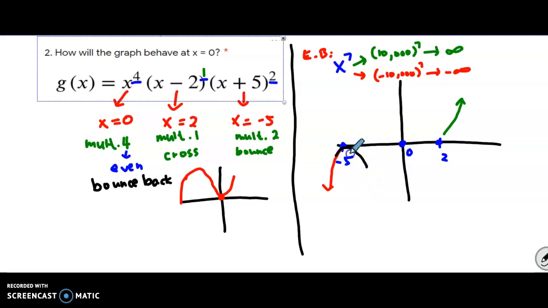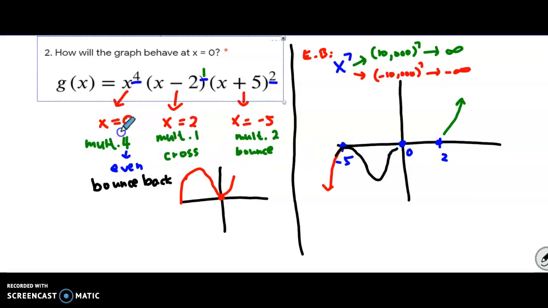Now, this could go very low, I don't know. But think about what has to eventually happen. Our next intercept is at 0, so eventually it has to come back up. So I'm going to do something like this. It has to come back up because it's got to go to this 0.